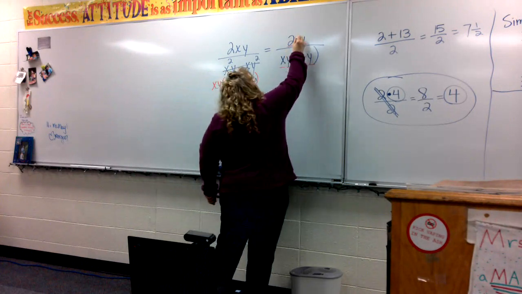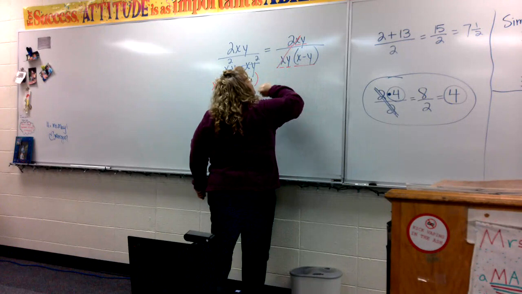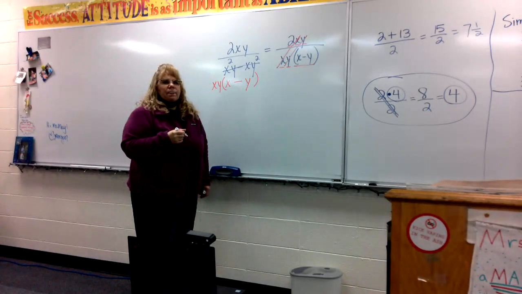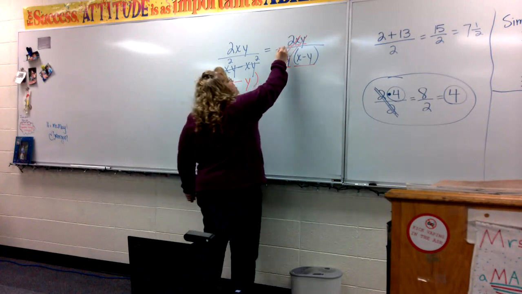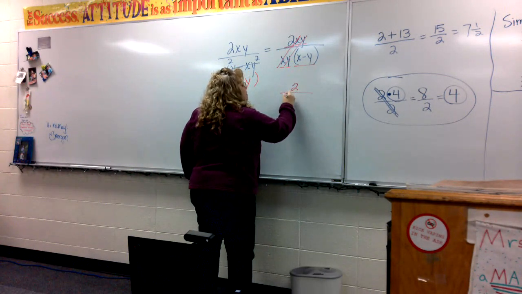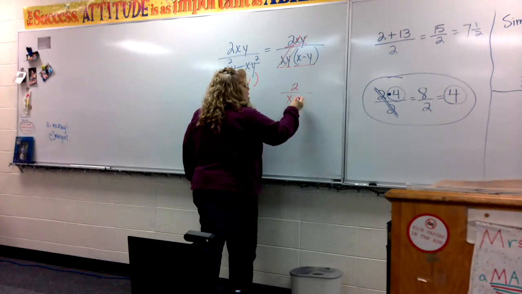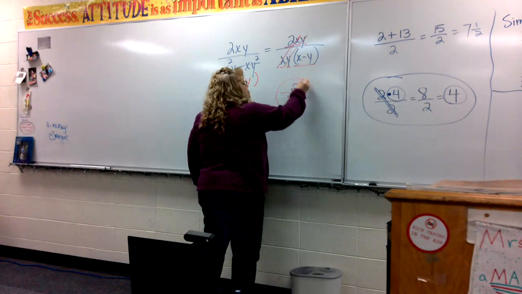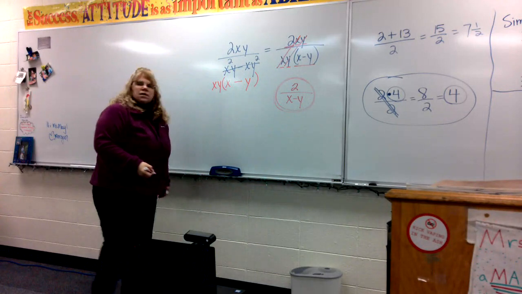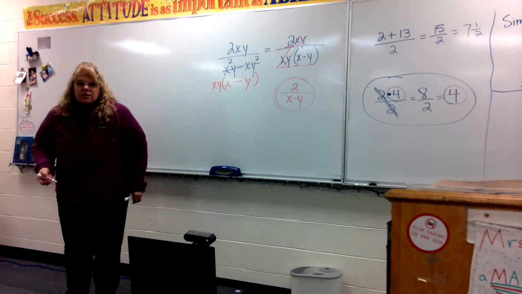Yes, because it's all times. I can cross off x over x, and I can also cross off the y over y. So what's left? Just the 2 on top, and on bottom I have x minus y. You can put it in parentheses if you want, but you don't have to. It's up to you. Does that make sense?